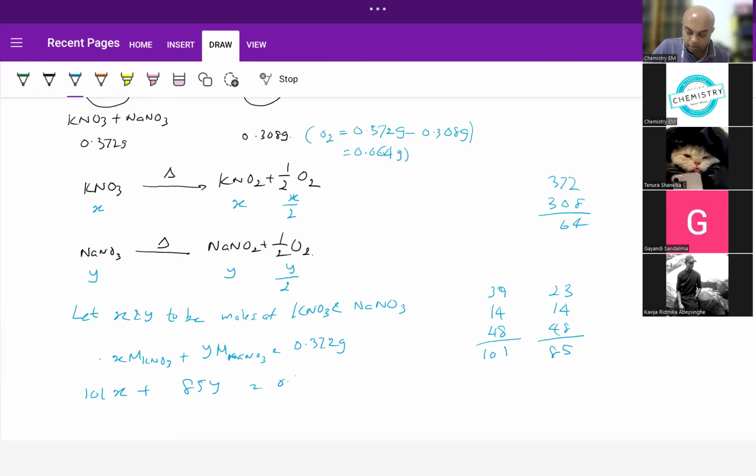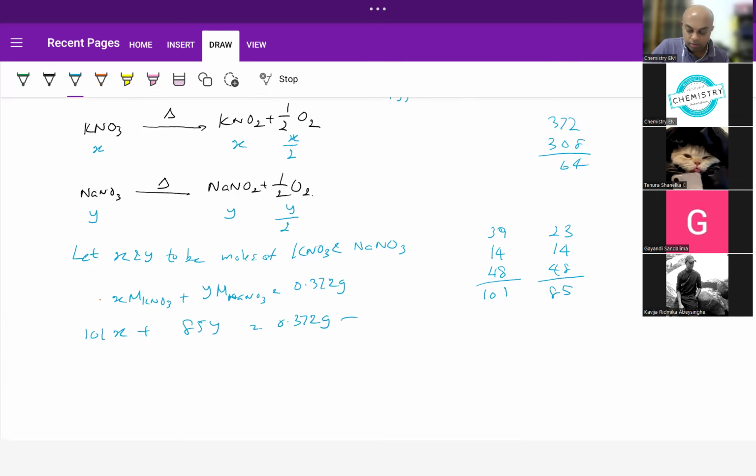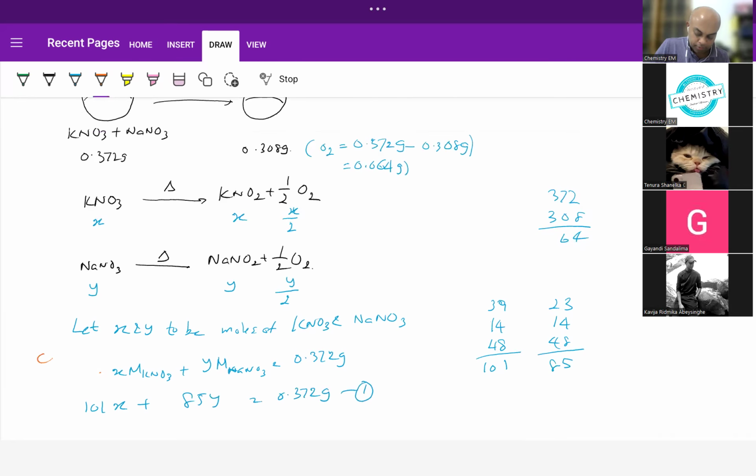This is 0.372 grams. This is the first equation, considering the initial mass. Then I will consider the produced oxygen mass, or you can use the remaining mass as well. That's fine, right?